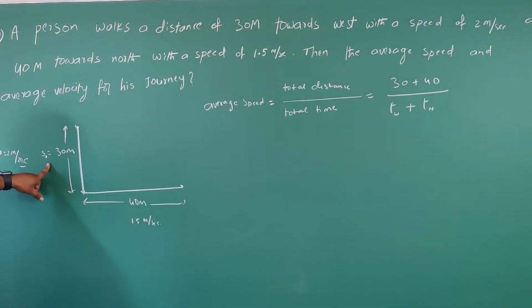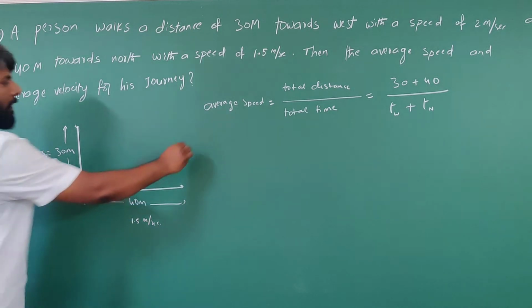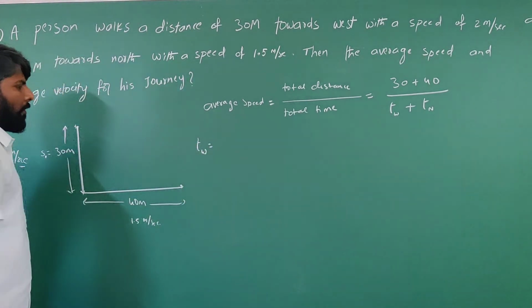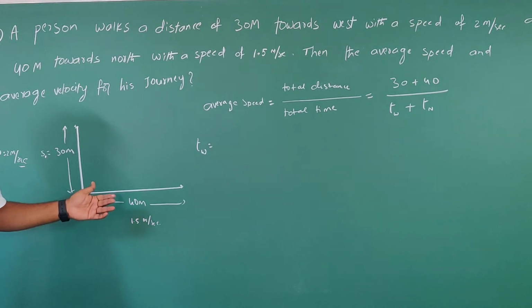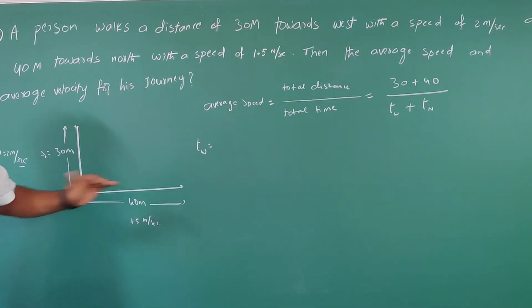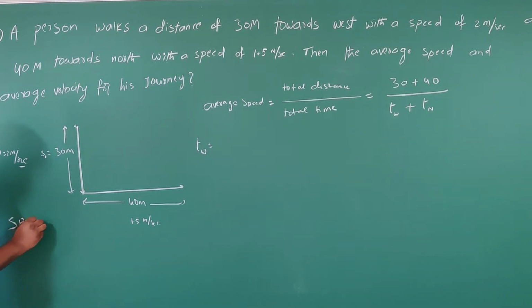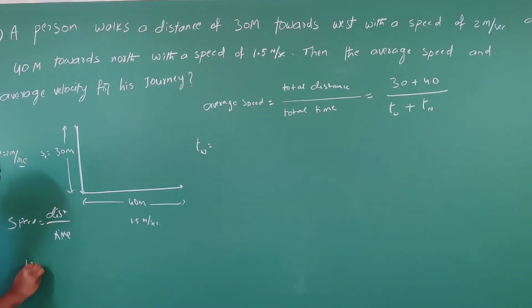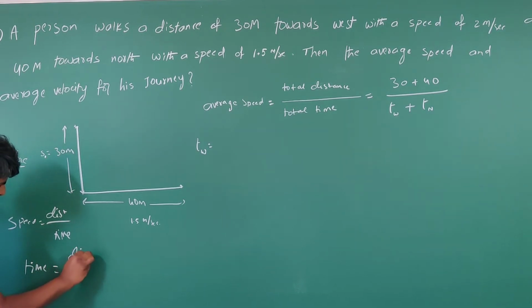Generally we know that speed is equal to distance by time, a simple formula. From this formula, time is equal to distance by speed.